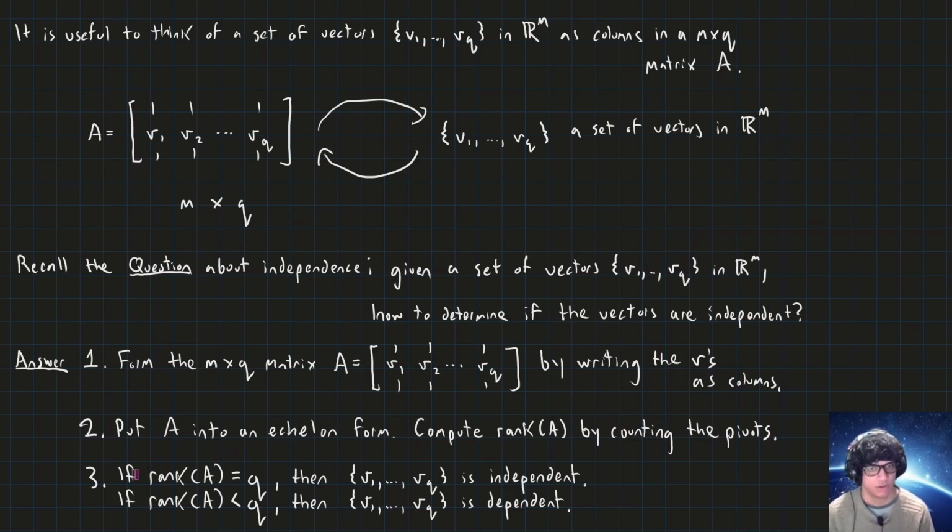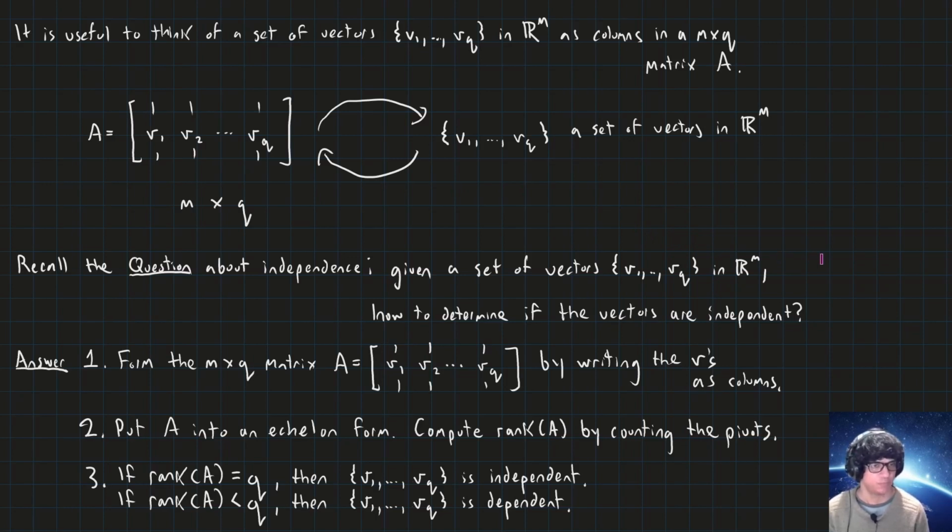If the rank of A equals q, that is, the number of column vectors, then the set is independent. If it falls short, that is, if the rank of A is less than q, then the set is dependent.